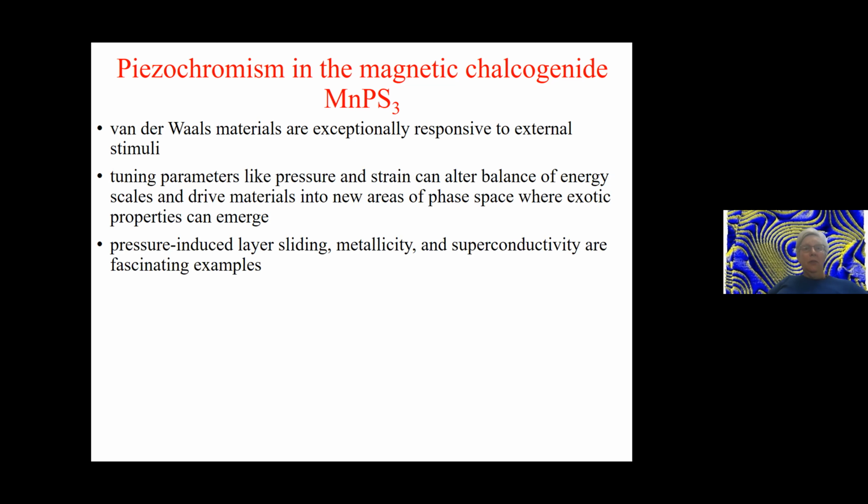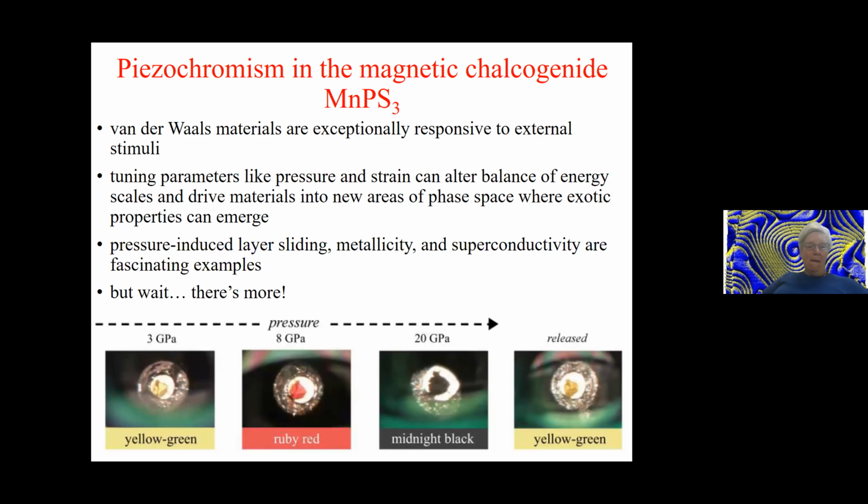And certain things have already been reported, such as pressure-induced layer sliding, metallicity, and even superconductivity in these complex chalcogenides like manganese PS3, iron PS3, or chromium silicon tellurium 3. But guess what? There's more. One of the things that we found early on when we went back to the light source after the dark period is that we discovered piezochromism in manganese PS3.